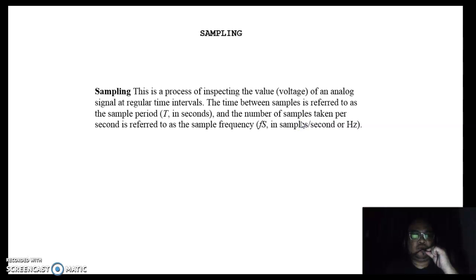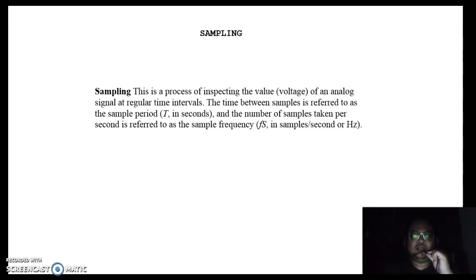Sampling is a process of inspecting the value of an analog signal at regular time intervals. The time between samples is referred to as the sample period, and the number of samples taken per second is referred to as the sample frequency, Fs, in samples per second or Hertz.